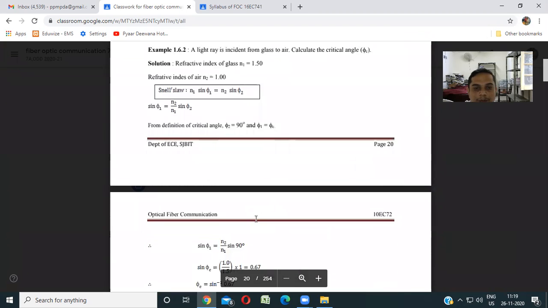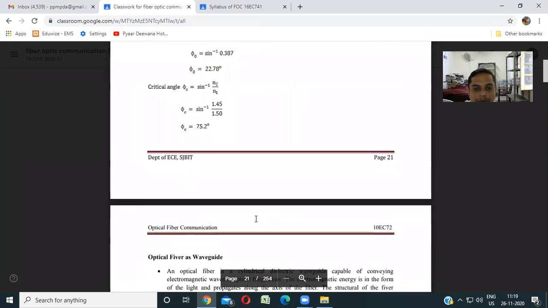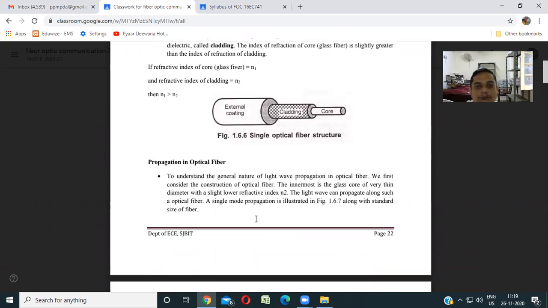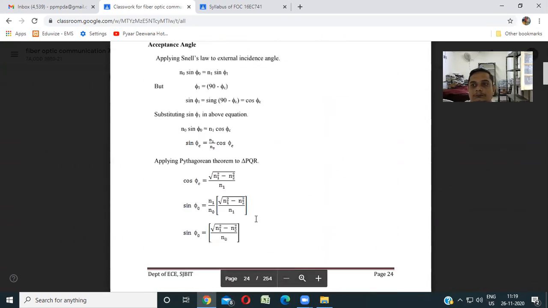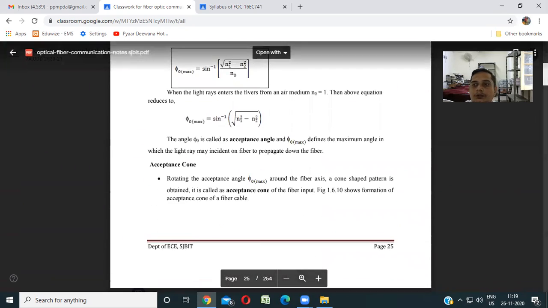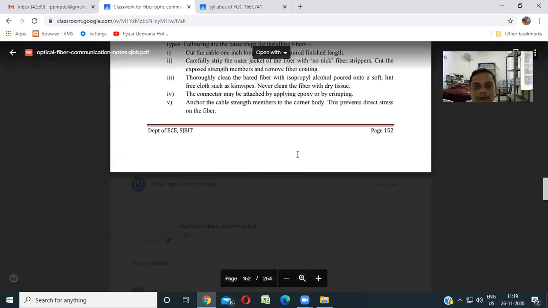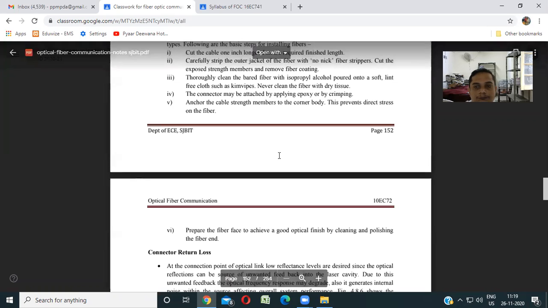So conversion of optical into the proportional electrical signal is done by the photo detectors.